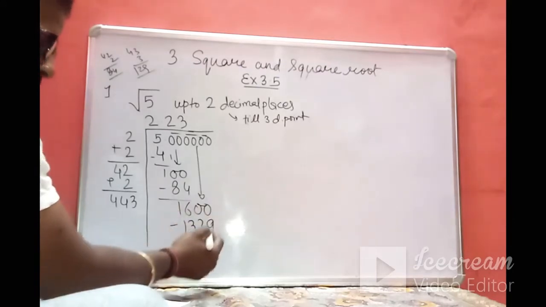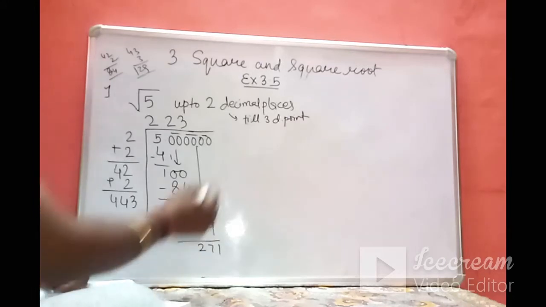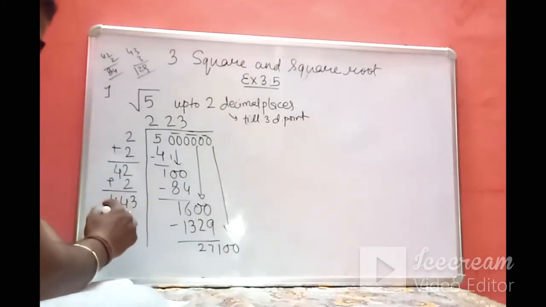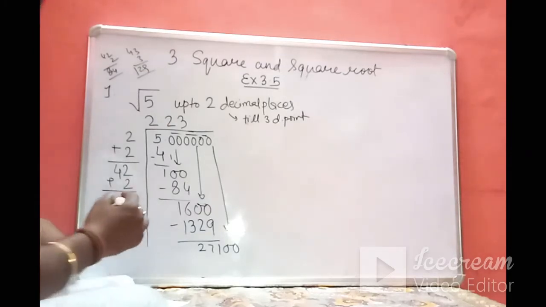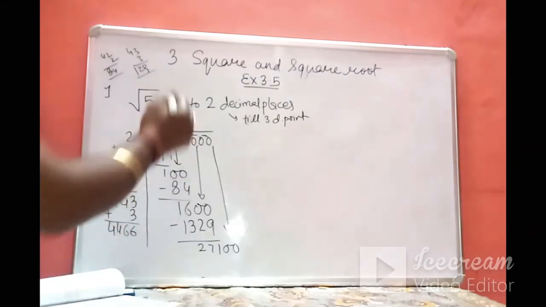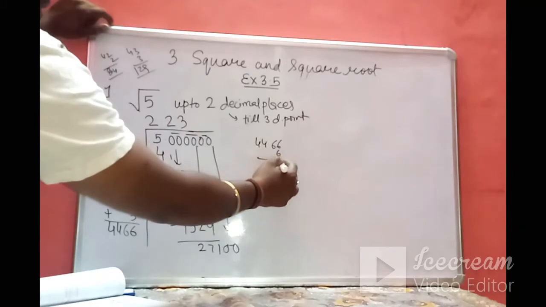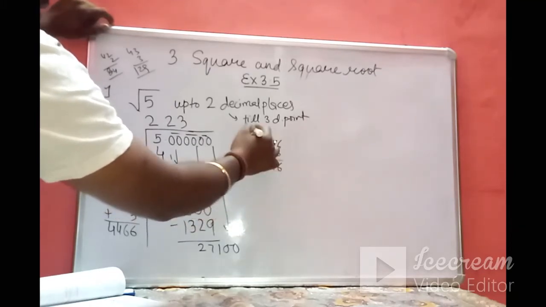So 3 into 3 into 4, 12, 13. So what is my answer here? My answer is 1 2 7 1. Then again one more last pair will come down, and this 3 will come here. It is 4, 4, 6. Then let's check for 6 first. 4, 4, 6, 6 into 6, 36, 39, 27.